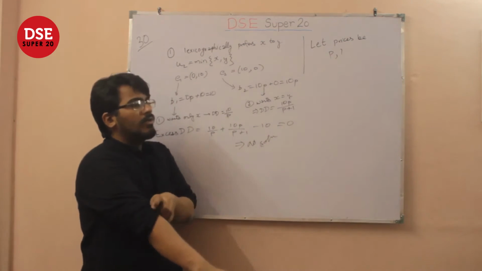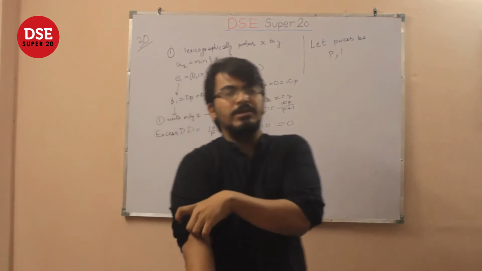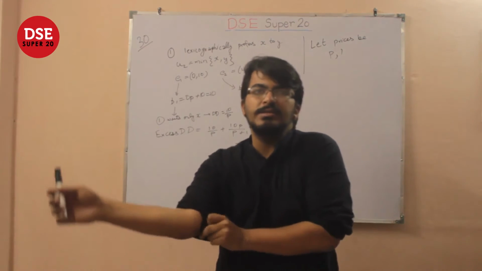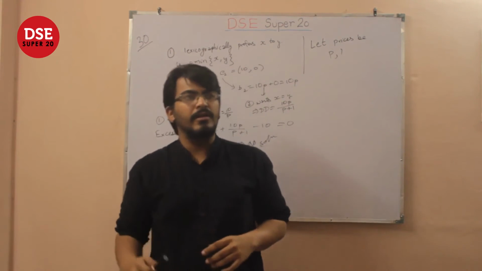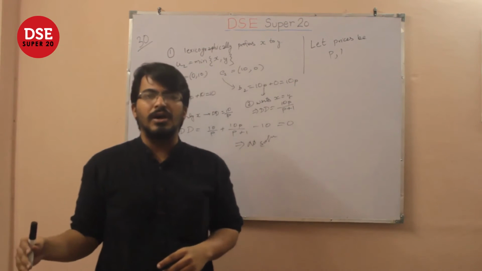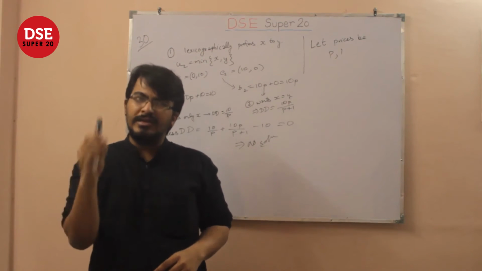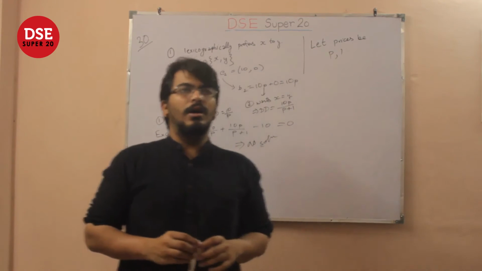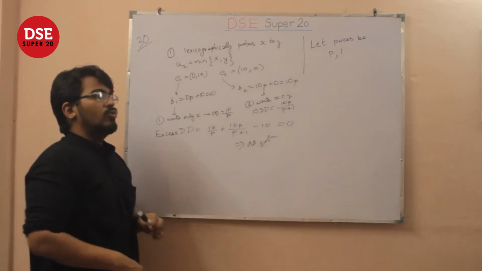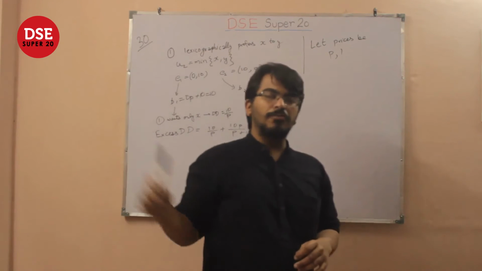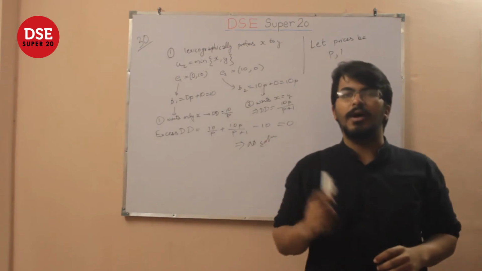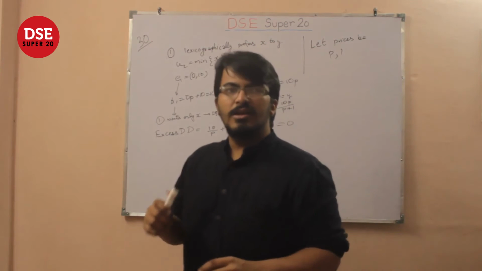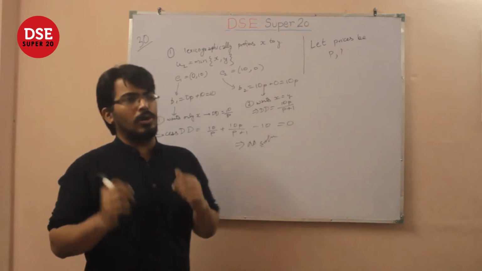Now, agent 1 lexicographically prefers X to Y. What this means is that he would be willing to trade any amount of Y to get even the tiniest bit more of X. Also, agent 2 has a utility function of the form U2 equal to min of X comma Y, which is to say that he wants X and Y in equal proportion.